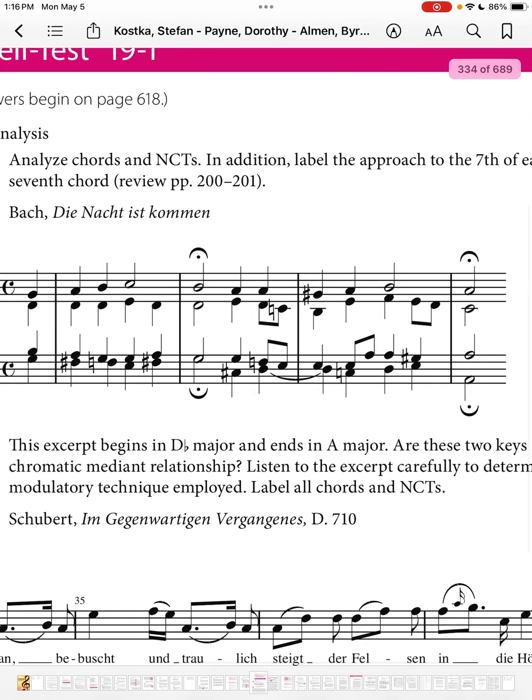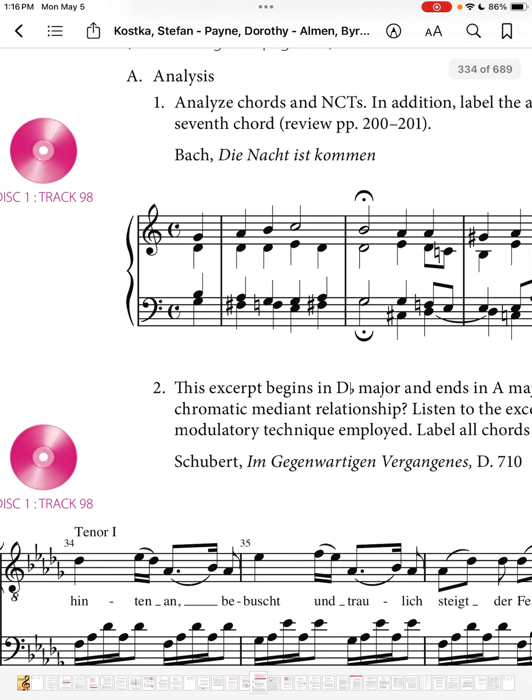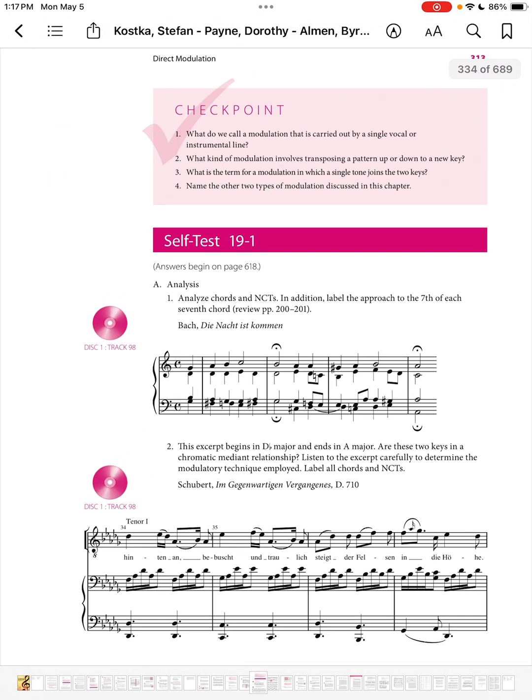This is a trick I remember from my lesson classes: look at where you start and look at where you end.